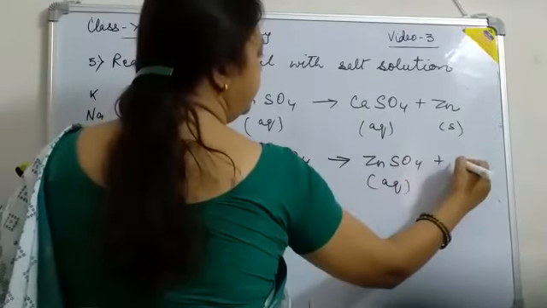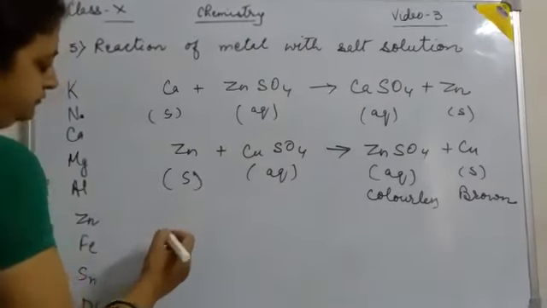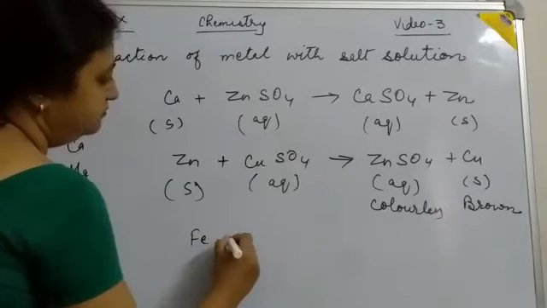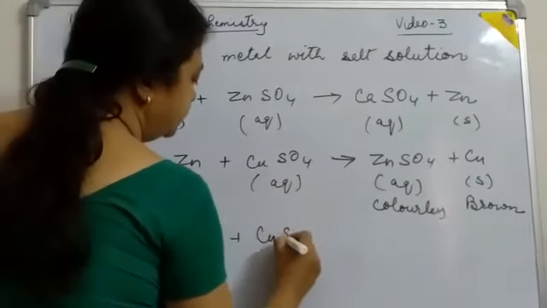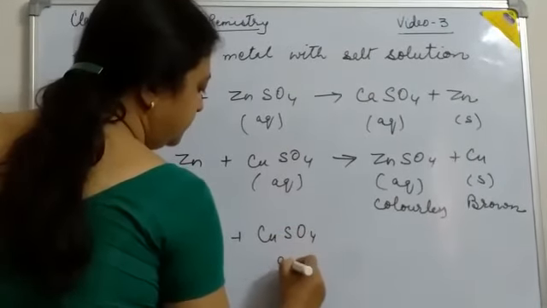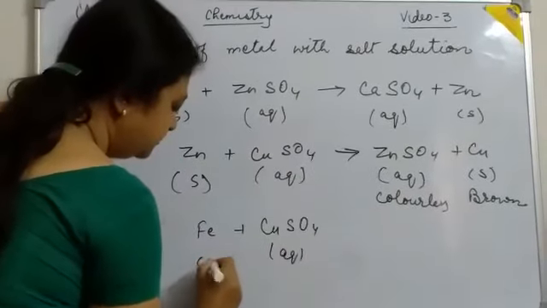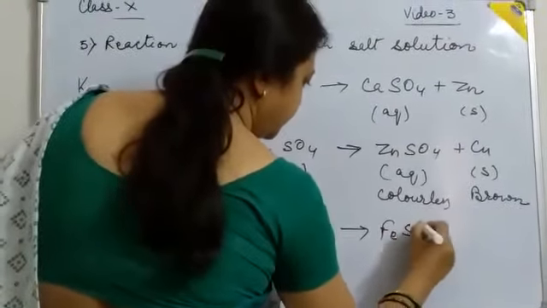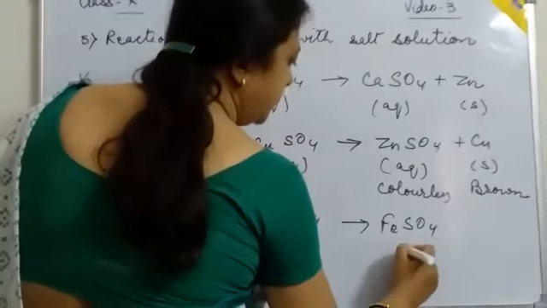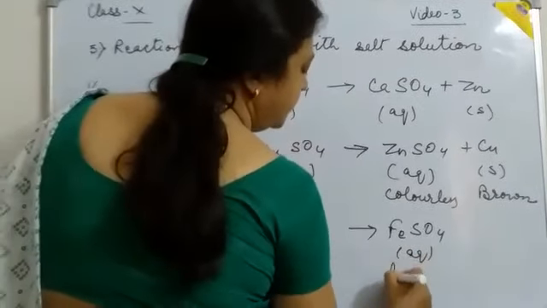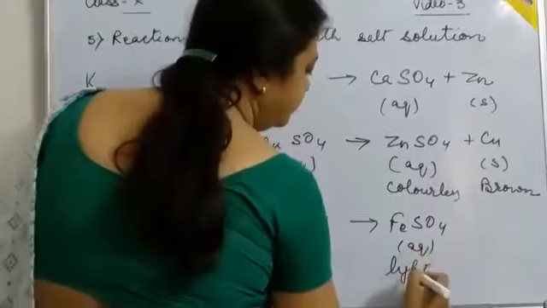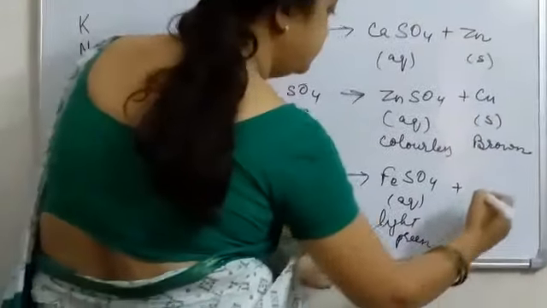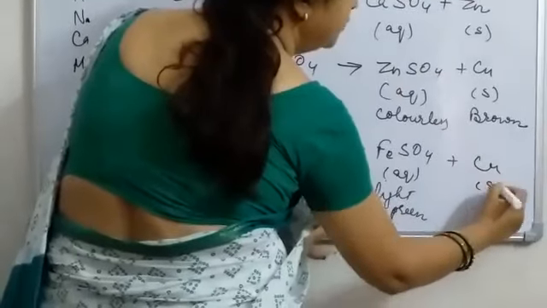And the reaction of iron with copper sulfate solution: solid iron forms ferrous sulfate, aqueous, the color is light green, with the formation of solid copper.